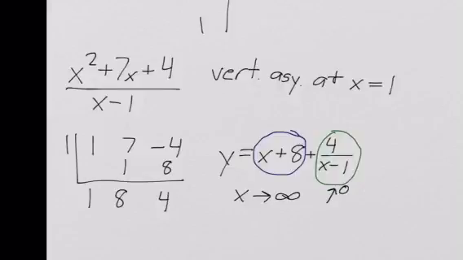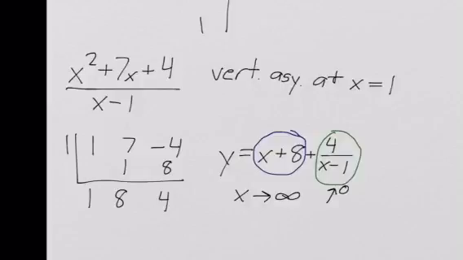Now the book separates horizontal asymptotes and oblique asymptotes, and then there's even things you could call asymptotes that aren't horizontal or oblique, which we'll talk about in class on Thursday.